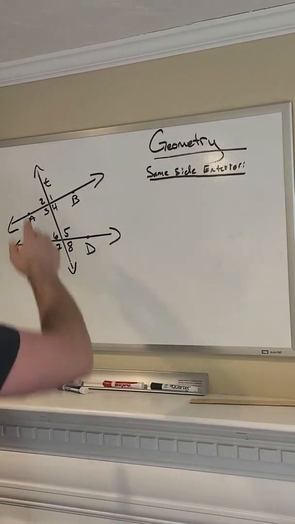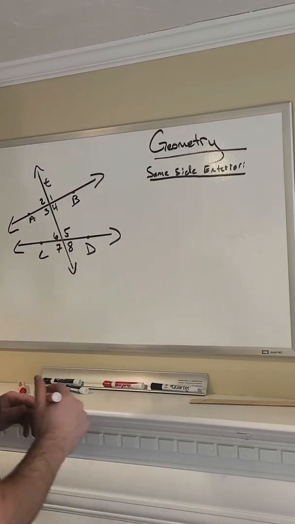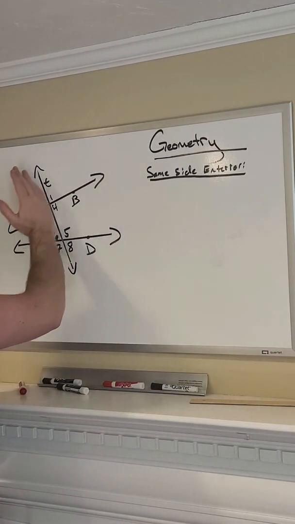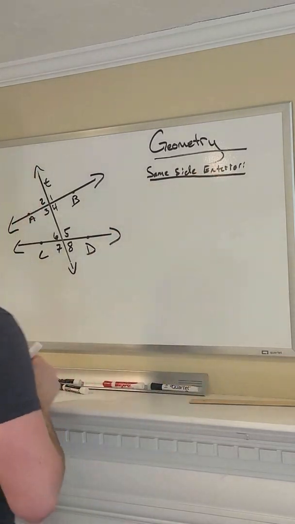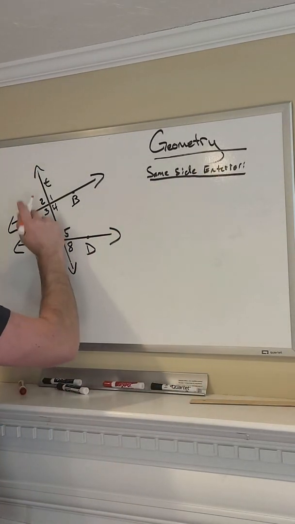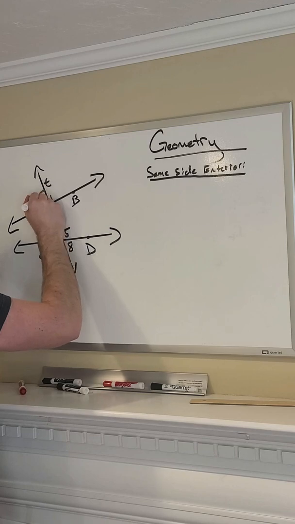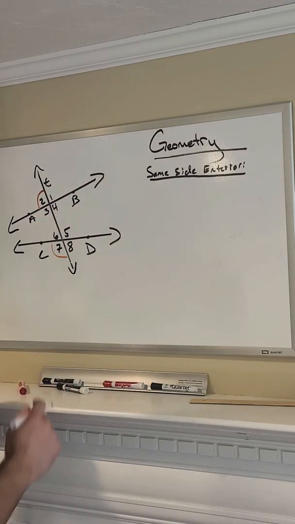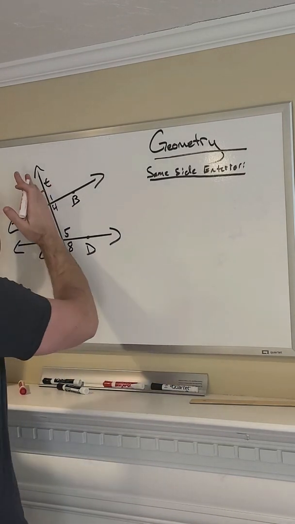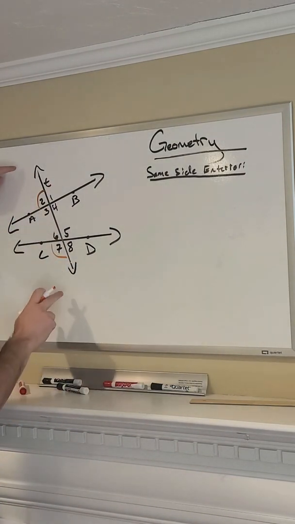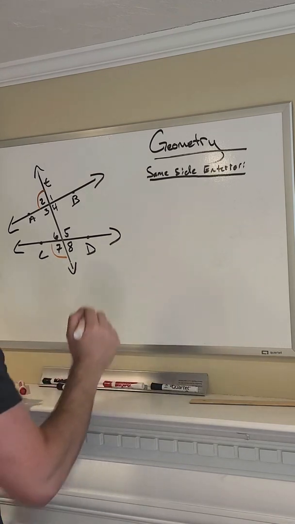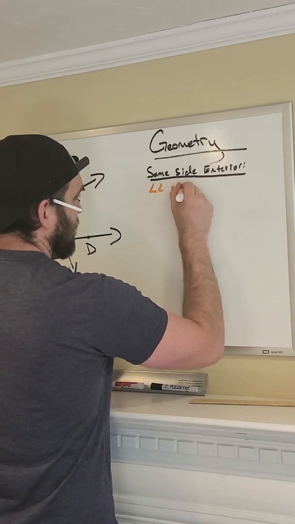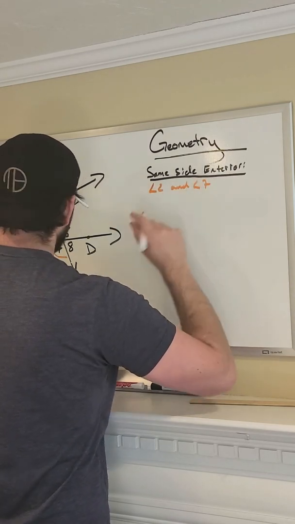We look at our transversal and say everything on the same side of it, either left side or right side, and on the outside. So angles 2 and 7 are same side exterior. They are on the same side of the transversal and on the outside of the lines.